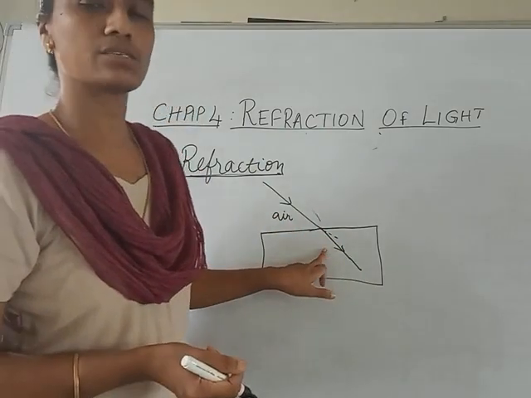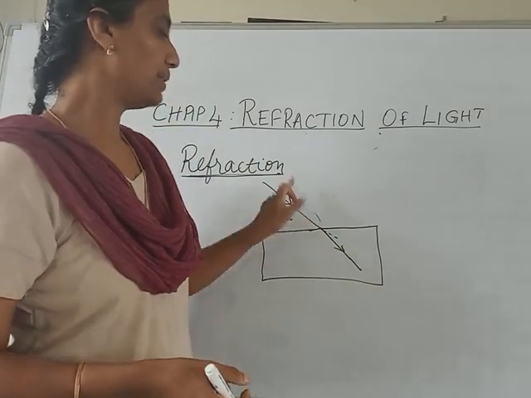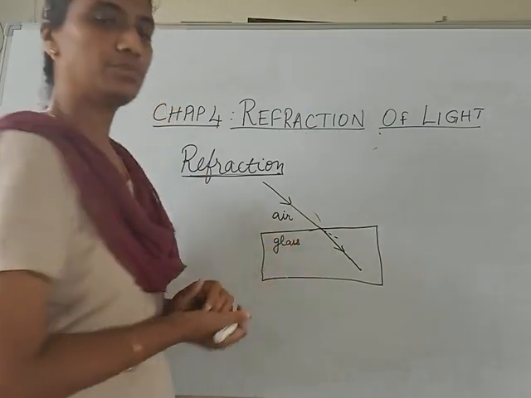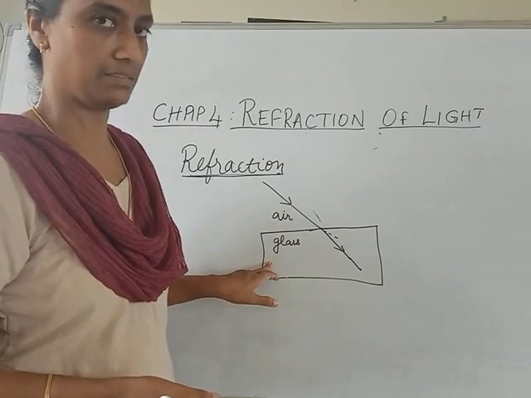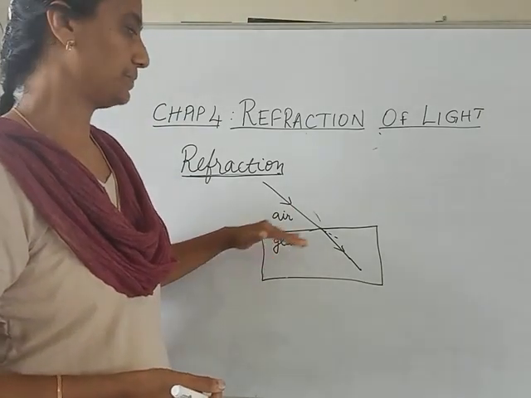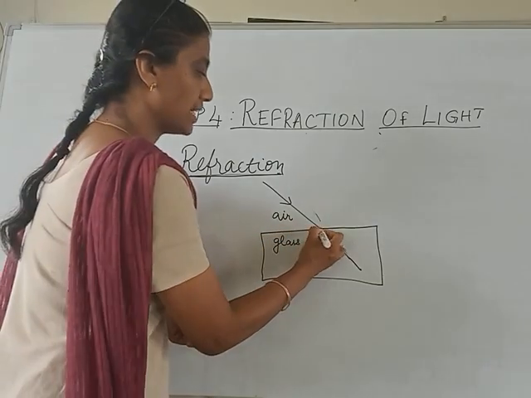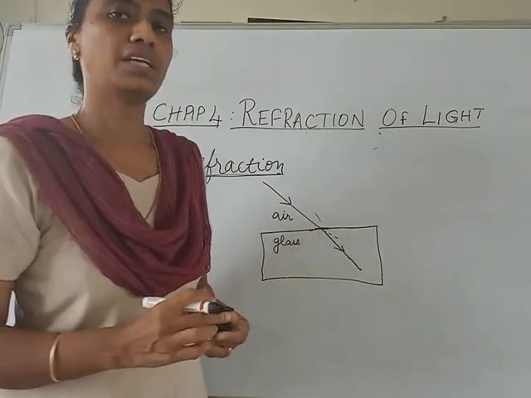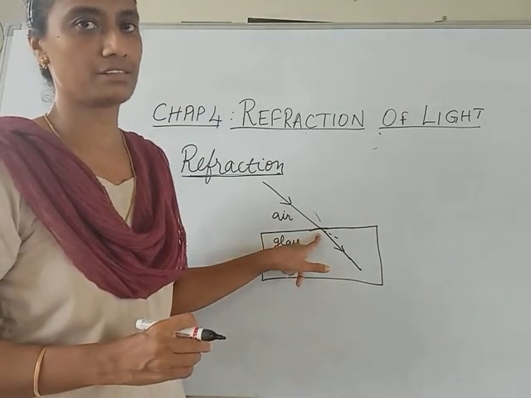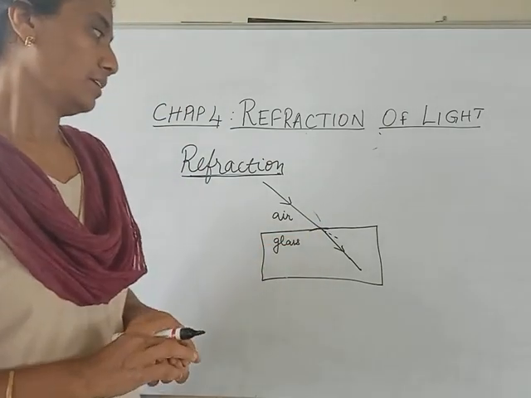This phenomenon is called refraction. Bending of light when it travels from one optical medium to another optical medium. That is the condition. It should travel from one medium to another medium. And it will happen exactly at the surface, so it's called a surface phenomenon.